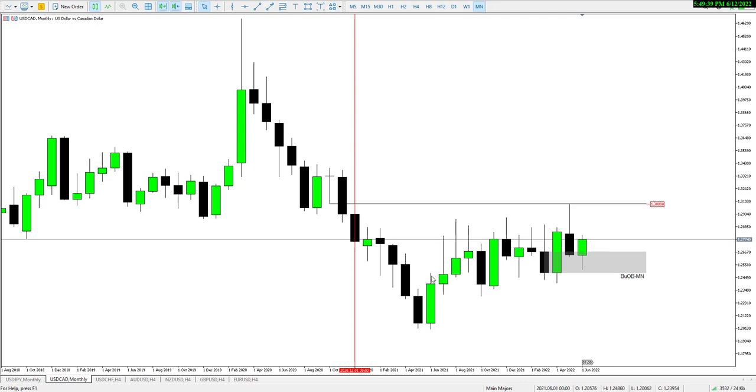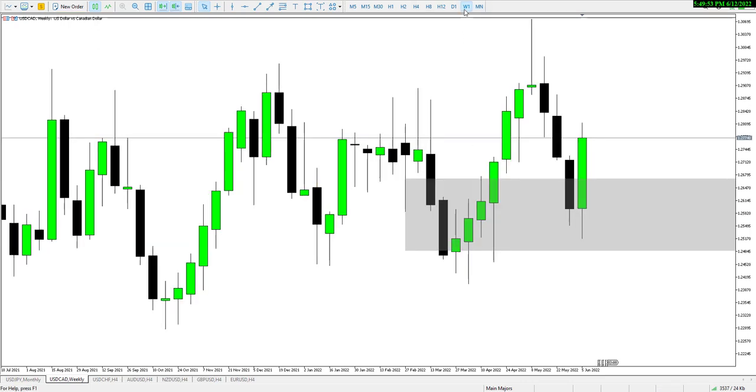We're having lows, higher lows, higher highs, then a lower low, and then a higher high. That's a market structure for long entries. Now when you go to the weekly chart, you can see here we've got a bullish order block.